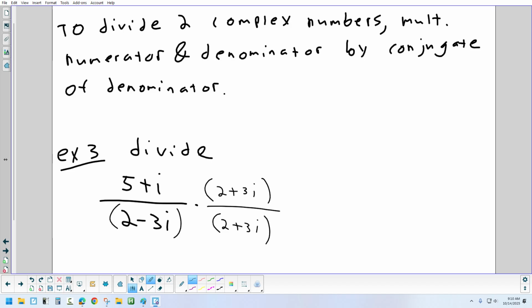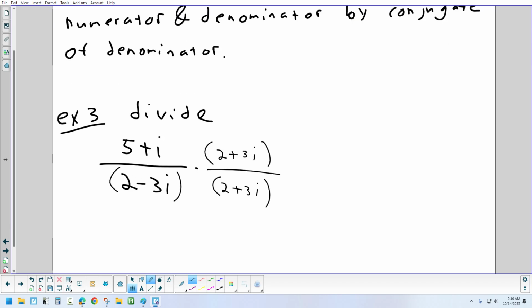Okay, I already know what the bottom is going to come out to. The bottom is 13, okay, just by looking at it. Let's FOIL that out and then see, how did I know that the bottom is 13? Okay, so when we multiply it, 2 times 2 gives me 4. What happens when we do 2 times 3i and 2 times negative 3i?